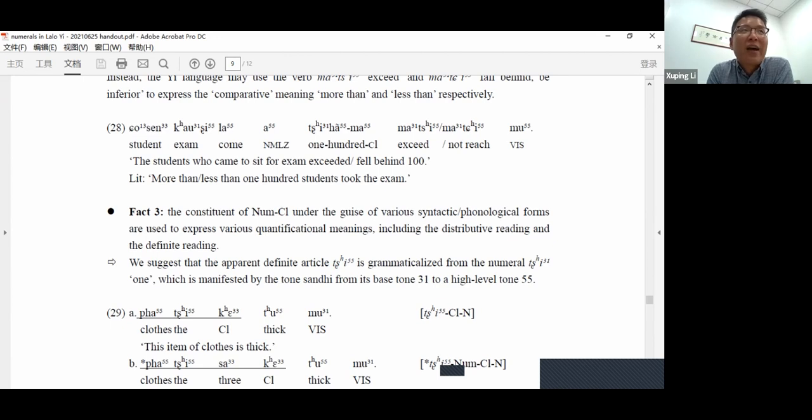So I would assume like this. I would treat those sentence initial NPs, before the VP and before the numeral classifier, to be topic somehow, right? Then they can serve as antecedent for those numCl, right?